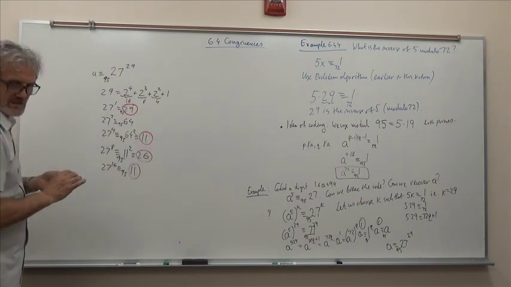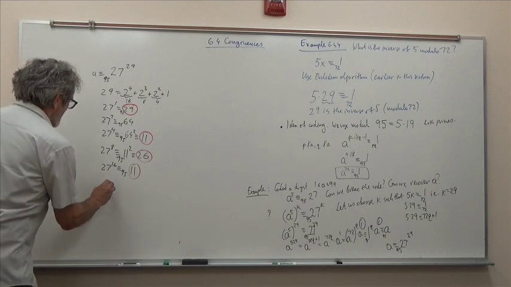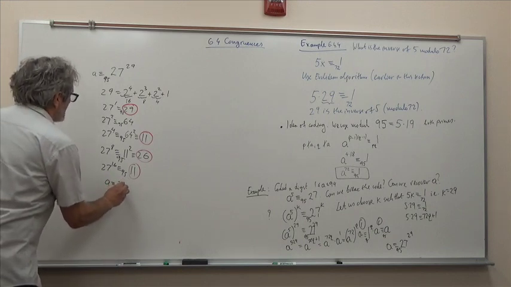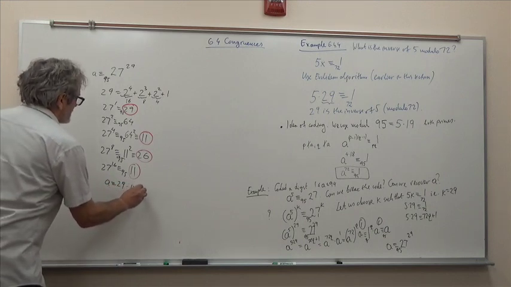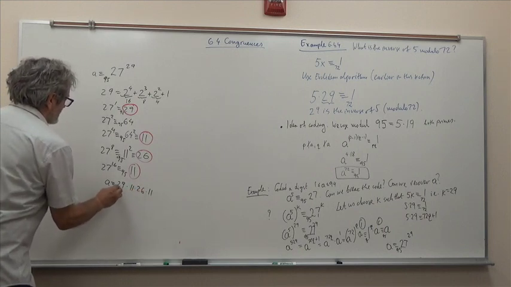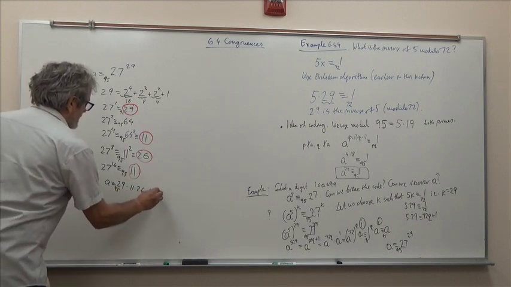So I get that A is congruent with 29 times 11 times 26 times another 11 modulo 95.